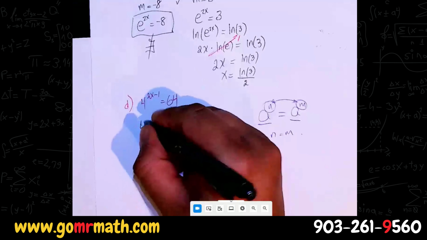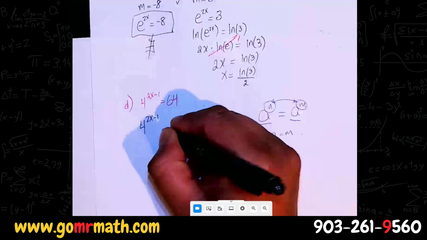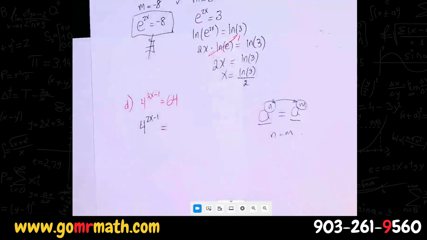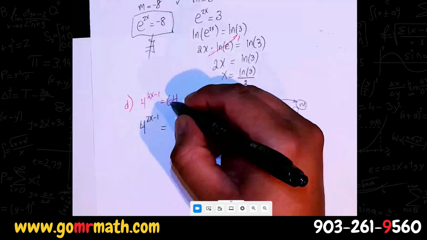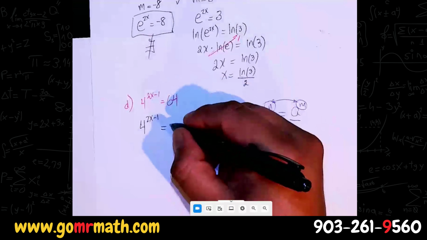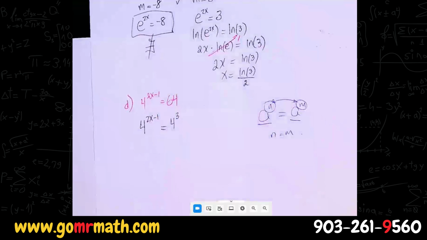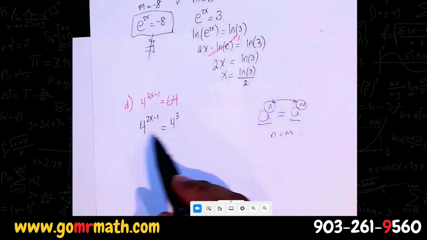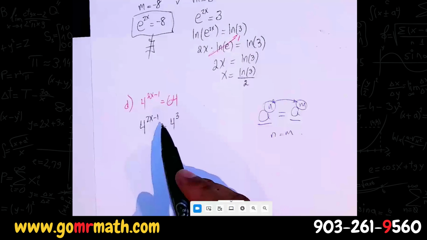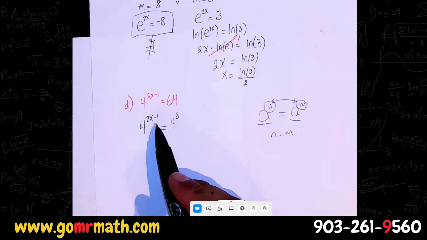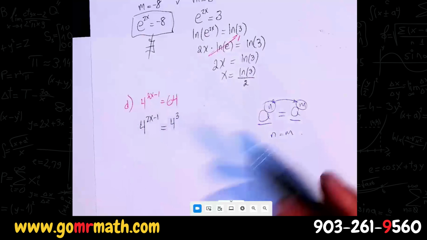We have 4 to the 2x minus 1, and we know that 4 times 4 is 16, and 16 times 4 is 64. So this 64 can be expressed as 4 to the cube.